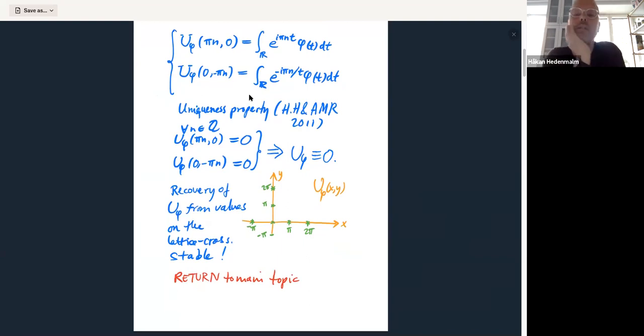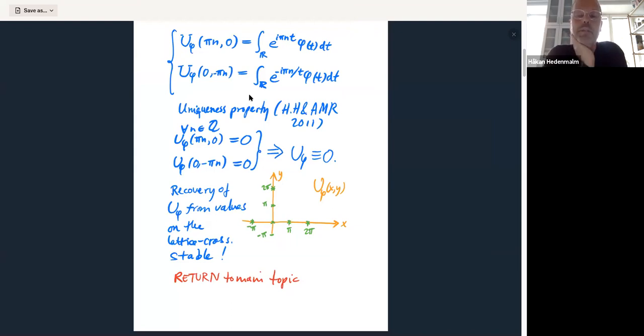And what's interesting to remark here is that we have the uniqueness property, that once you know that those values at those integer points vanish at all the integer points, then the potential vanishes. In other words, the function phi vanishes.